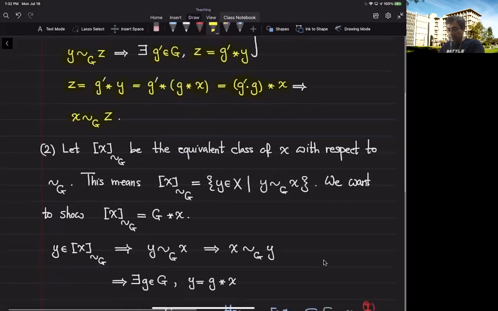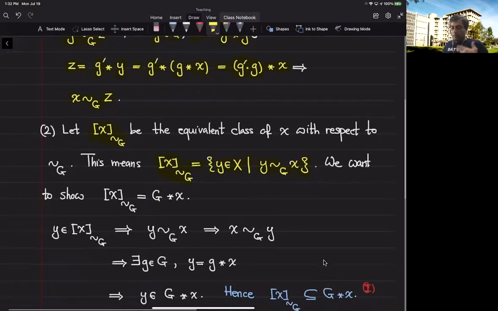By definition, the equivalence class of a point X under the similarity relation is the set of all the points that are in relation with X. That means all the points Y where X is G-similar to Y. So this is the definition of the equivalence class of X. I want to show that this equivalence class is precisely the G-orbit of X. So I want to show equality of two sets.